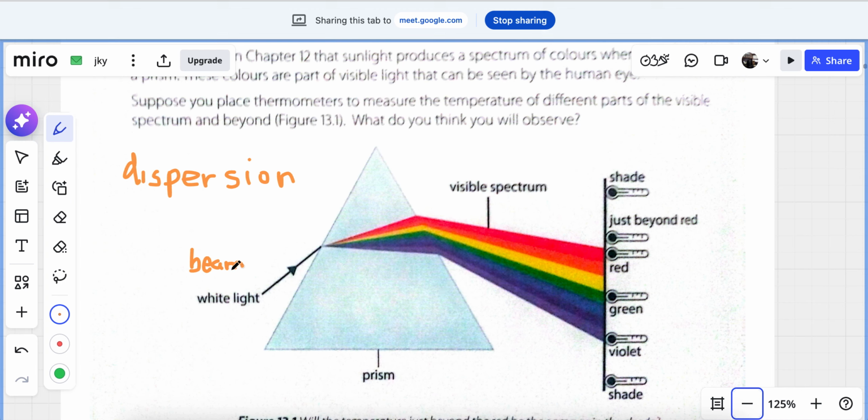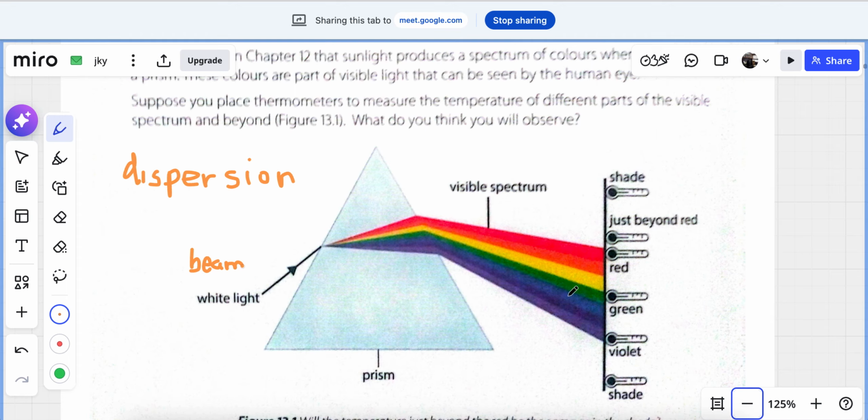Whenever a narrow beam of white light is shone through a triangular prism, which is a 3D shape, remember it's not just a triangle, it will refract to produce several colors. The refraction starts within the glass prism, and then outside it is refracted again to produce several colors.